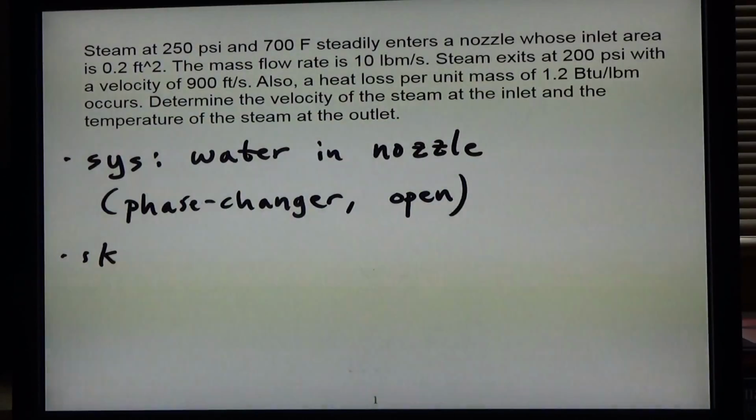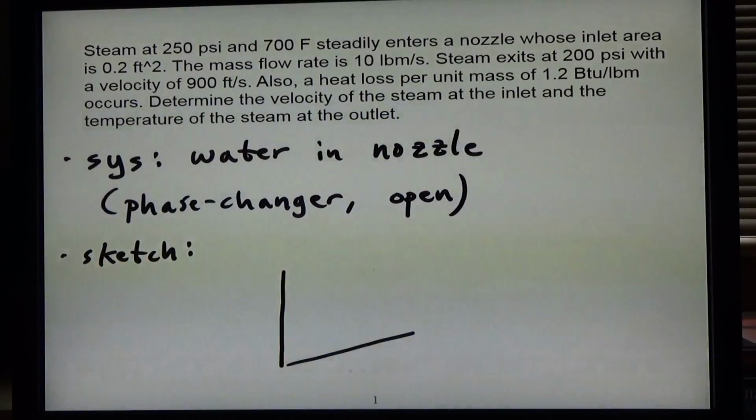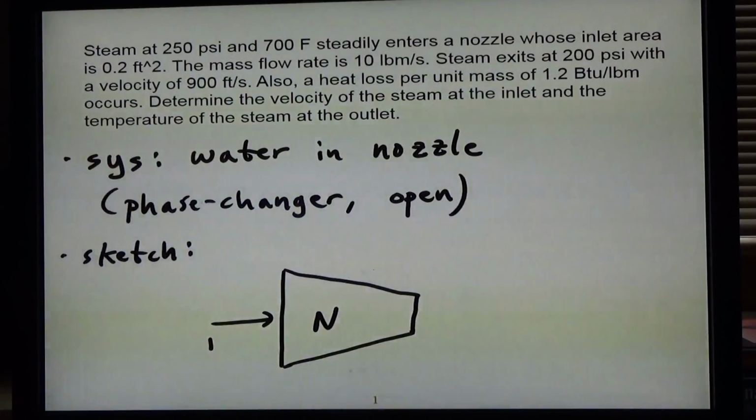We're going to just sketch the general nozzle shape. So the general nozzle shape has a big inlet area and a smaller exit area. And then the inlet, we're going to call that number 1. The exit, we're going to call that number 2.